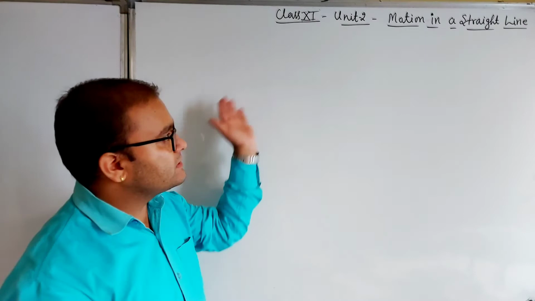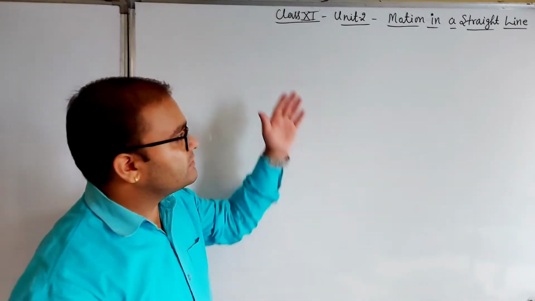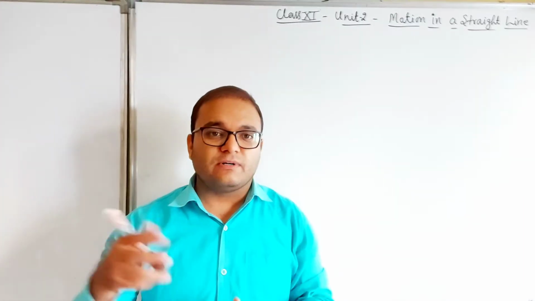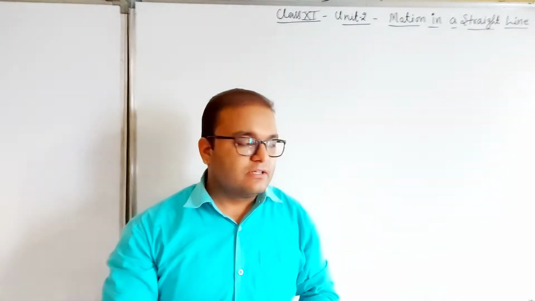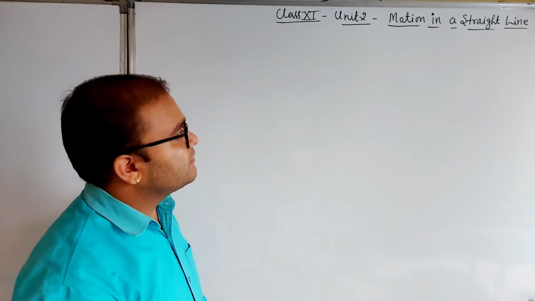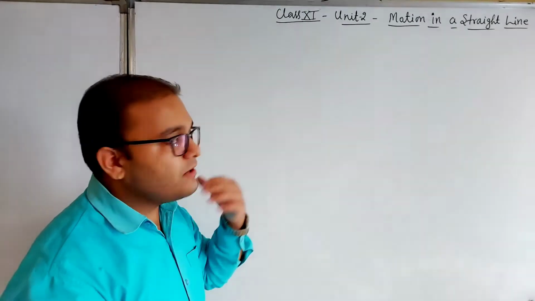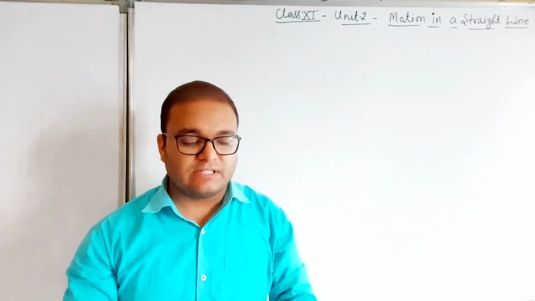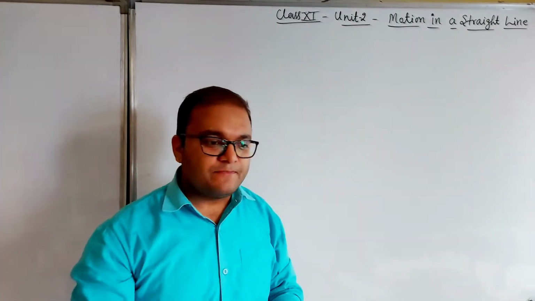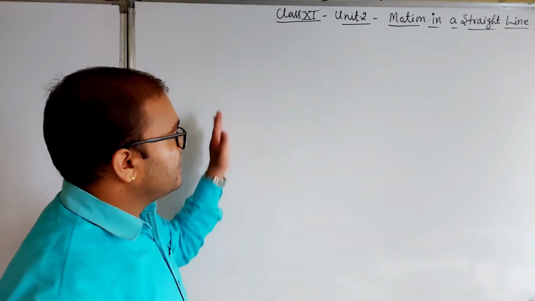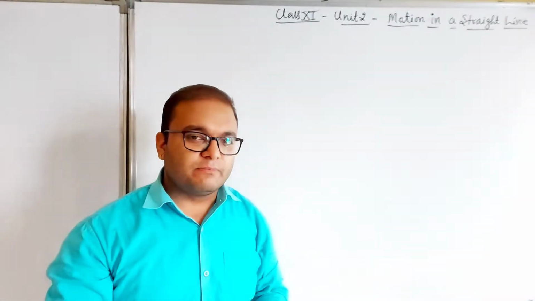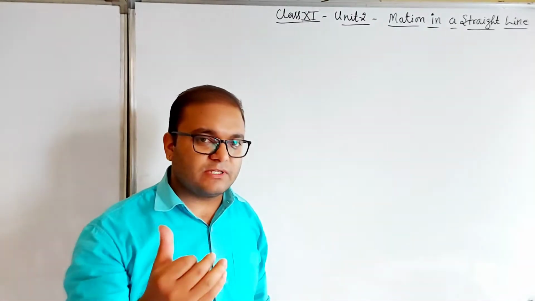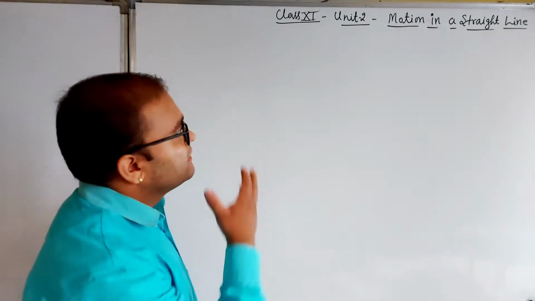We will discuss in detail the position of an object as a function of time, and velocity and acceleration as well, means how the position of an object is changing with respect to time, how velocity is changing with respect to time. First of all, we discuss the basics of this chapter, on the basis of your previous knowledge about motion.